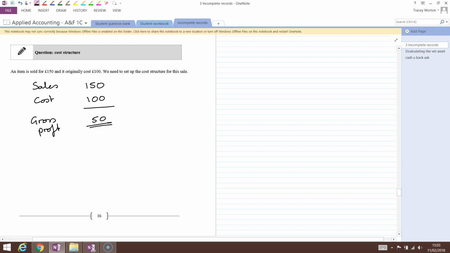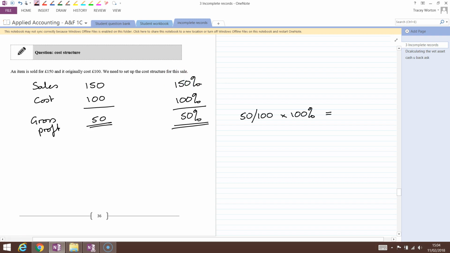So if we do that first, so if we say that cost of sales is 100%, then our structure would be that our gross profit is 50 of 100 times 100%. So that's going to give me a 50% gross profit margin. And then to get to our sales, so if we work backwards up the calculation, so 50 plus 100, so sales must have been 150%.